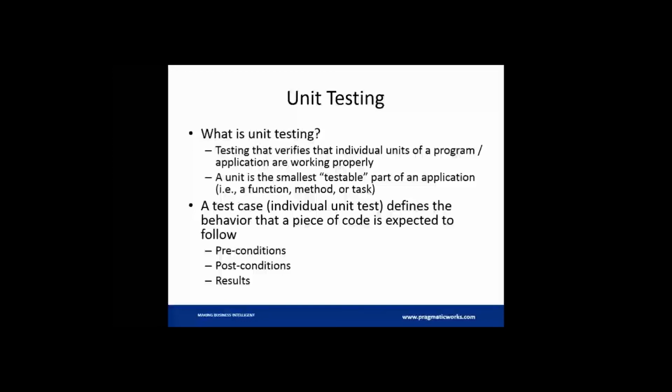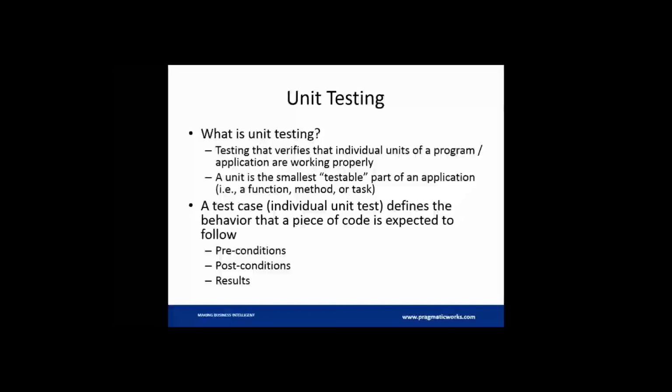When we talk about unit testing and why we want to unit test SSIS, the unit testing approach is really, we want to focus on the smallest unit of a program that we can actually test. So if we were looking at this in the scope of a .NET application, typically the unit you want to test at is a function or method of a class.